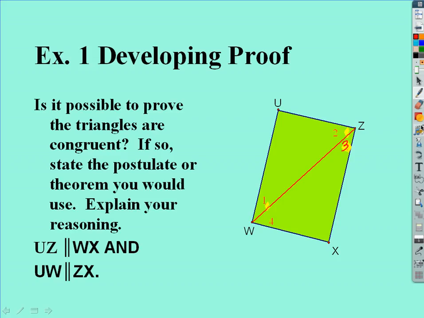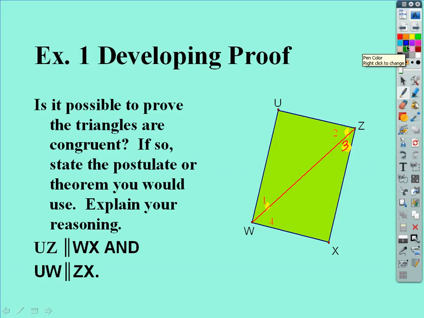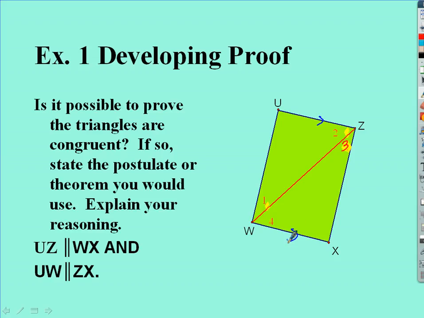How do we show that on the picture? Okay, the arrows. We'll use parallel arrows. Okay, everybody seeing that? We're also told that UW and ZX are parallel, so we'll make double parallel arrows there. And here's a great example of where now it might make sense for us to extend these things.